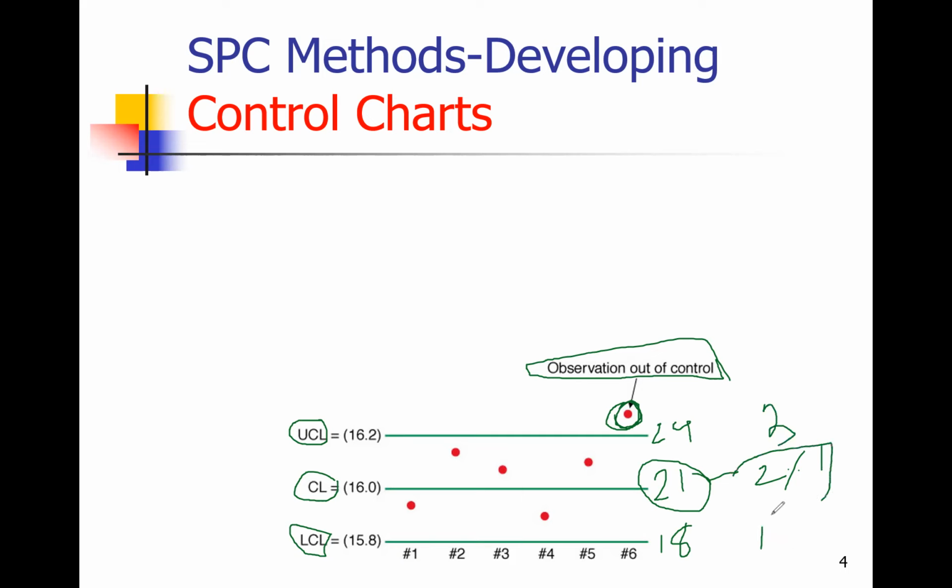But sometimes it happens that one of the observations in the sample is more than 3, maybe 5, 4 or 4% defect.